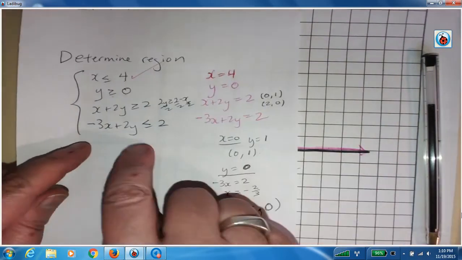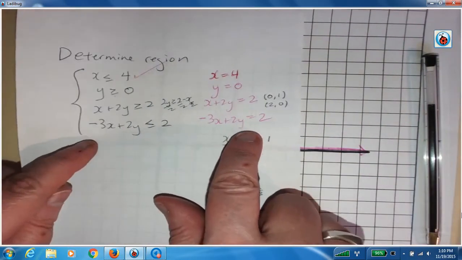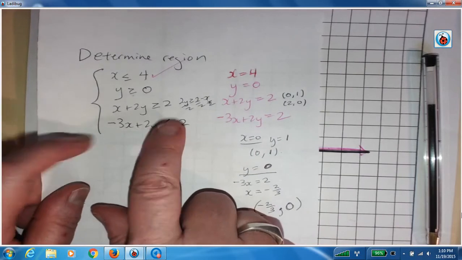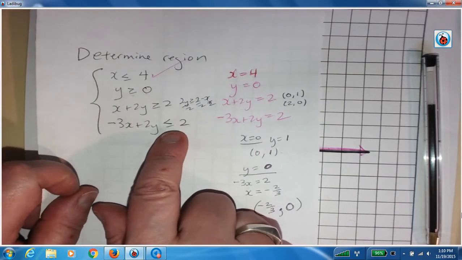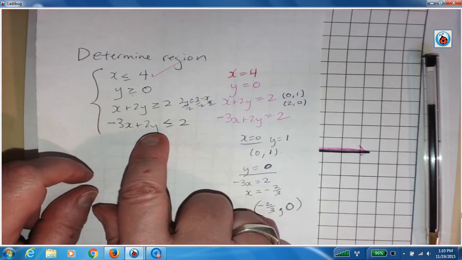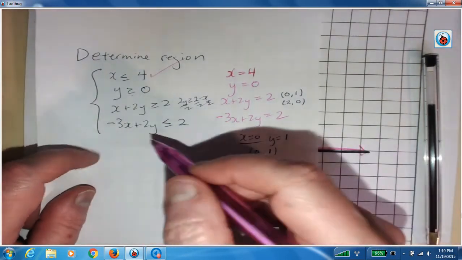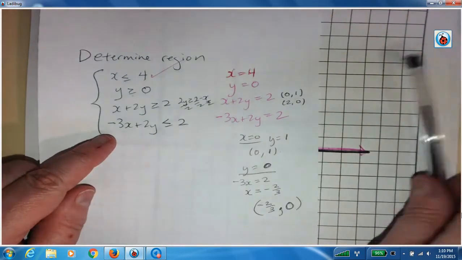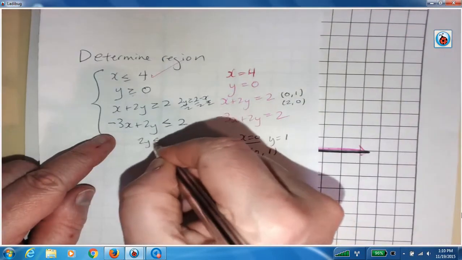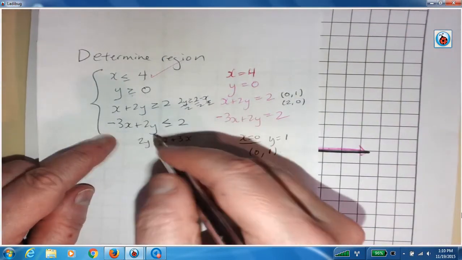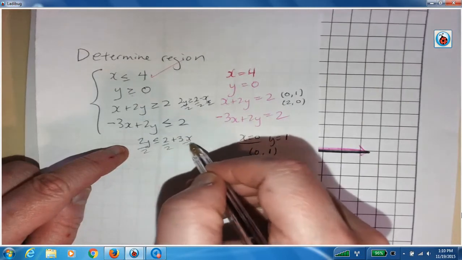And then finally, for this line, right now this symbol is less than or equal to, but I just want to double check that when you get y on the left-hand side by itself, the symbol doesn't change, and it shouldn't. So I'd add 3x to both sides, so that wouldn't change anything. And then I would divide everything by positive 2. That won't change anything.